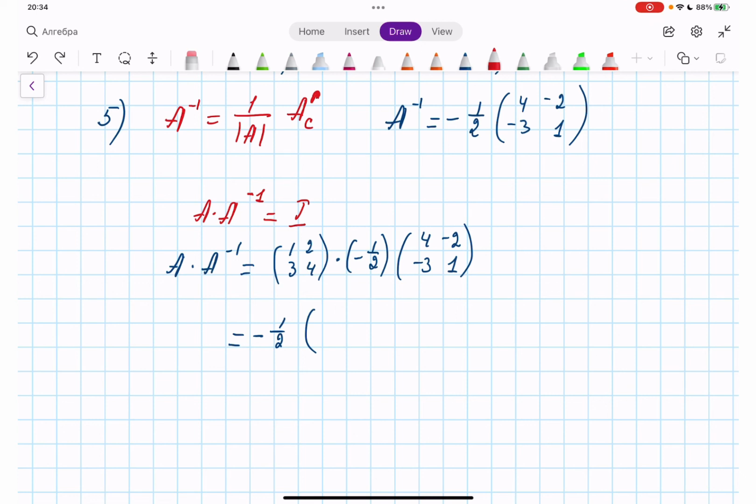Okay. 1 times 4 plus 2 times negative 3. Okay, now second row, what I'm going to do, I'm going to take this 3, multiply by this 4, and then plus this 4, multiply by this negative 3.